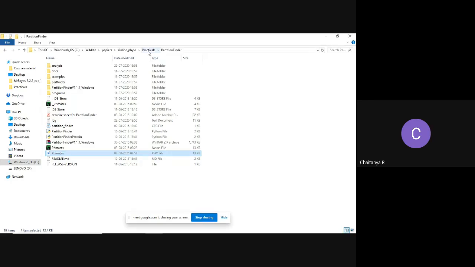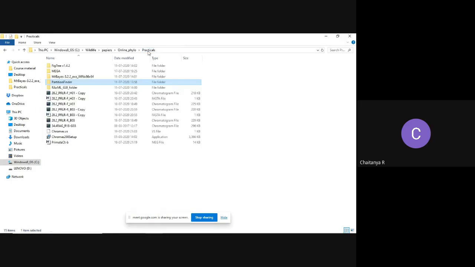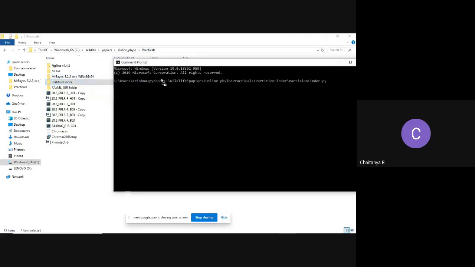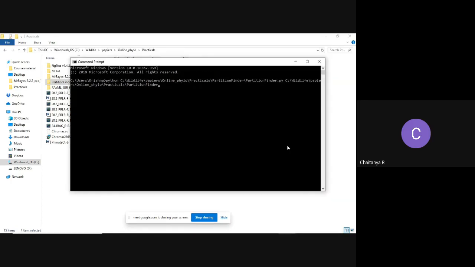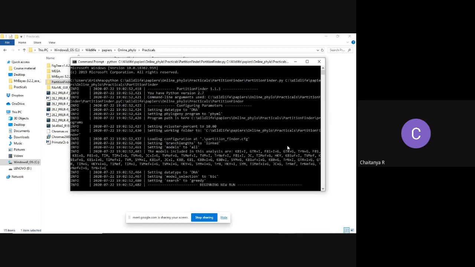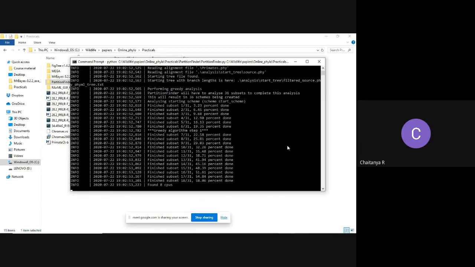So I just go one step back to the previous folder and drag and drop this folder as the only parameter that PartitionFinder takes. Now, if I press enter, PartitionFinder will start running, right? It's just as simple as that.